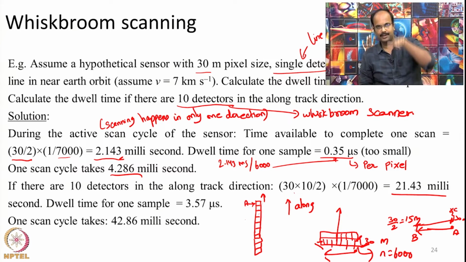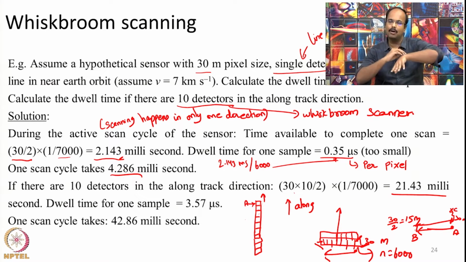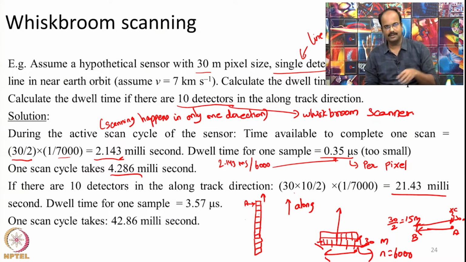The same point on the ground is seen multiple times by different detectors, and all the signals are combined together to produce the signal for one pixel. So the same ground point A will be seen by a series of detectors as the satellite moves, and all the signals collected for that particular ground point will be processed and saved together for one ground point, which implies that instead of collecting signal with only one detector, we are now collecting signal with 10 detectors over the same point, which increases our time available by 10-fold.